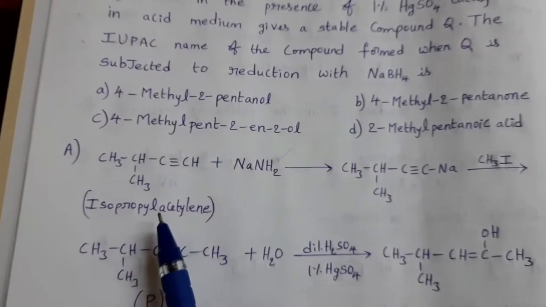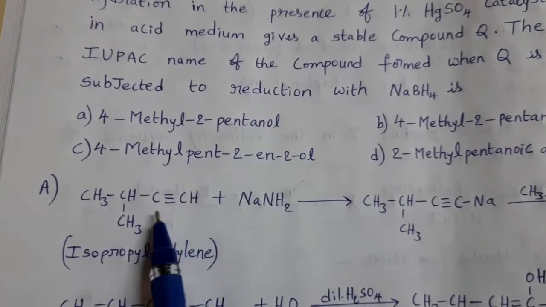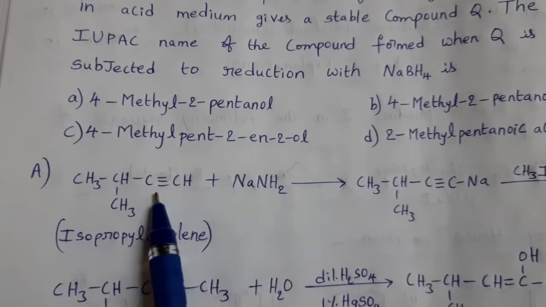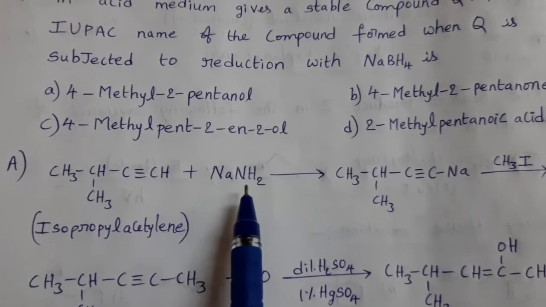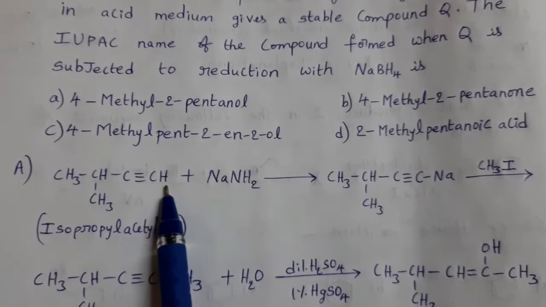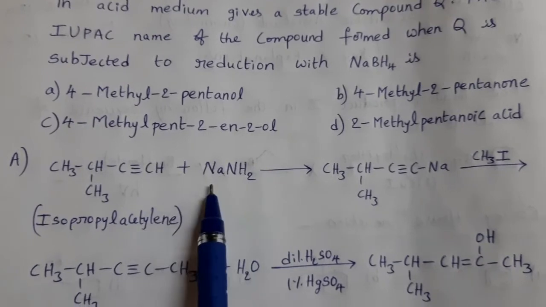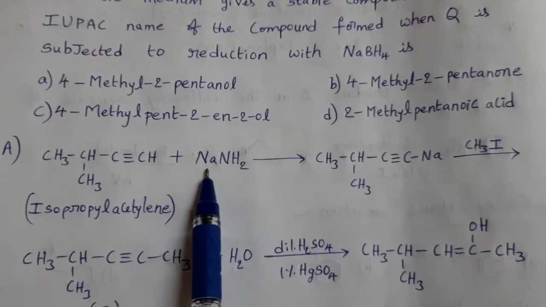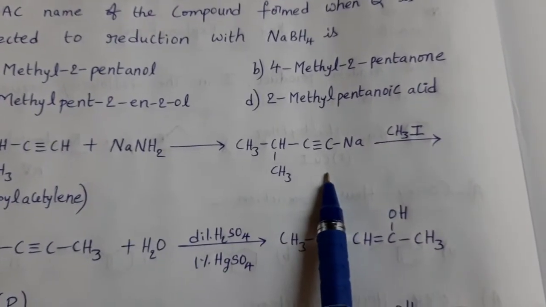Okay, isopropyl acetylene structure, that is this one, CH3CH(CH3) C triple bond CH, treated with sodamide, NaNH2. Then this acetylenic hydrogen is replaced by sodium, then we can get this one.